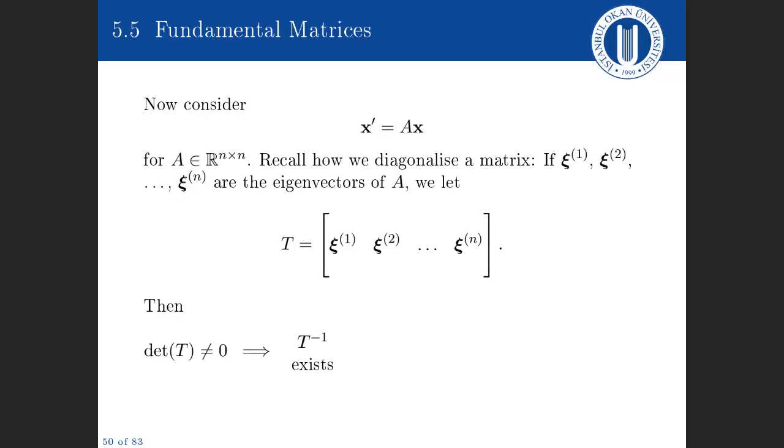As long as the determinant of this matrix is not 0, in other words, as long as these eigenvectors are linearly independent, then T inverse exists. If T inverse exists, then T inverse AT is a diagonal matrix. In other words, matrix capital A is diagonalizable. All of this should be familiar to you from your linear algebra course.